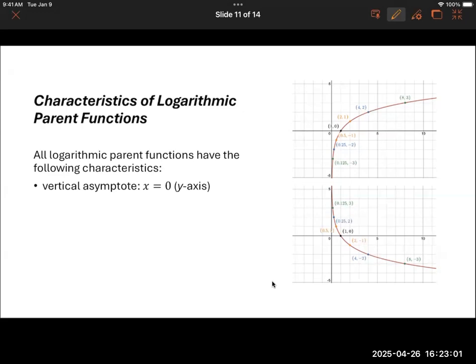Now, because of it being the inverse, on the logarithmic parent function you have a vertical asymptote at x equals 0. So instead of y equals 0, we're now at x equals 0, the y-axis.